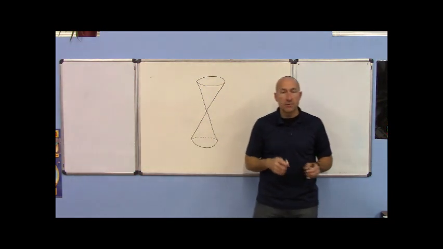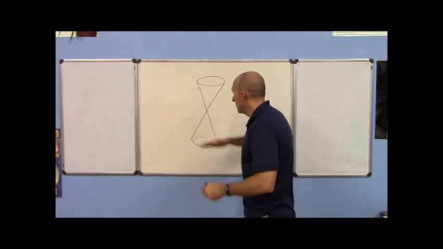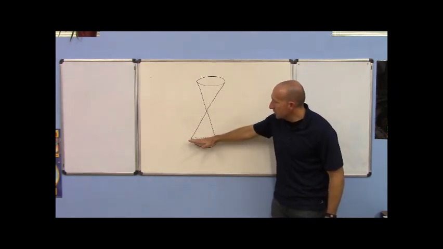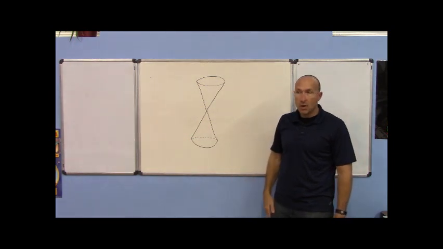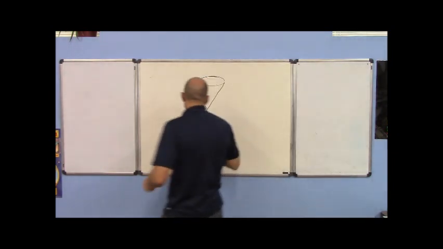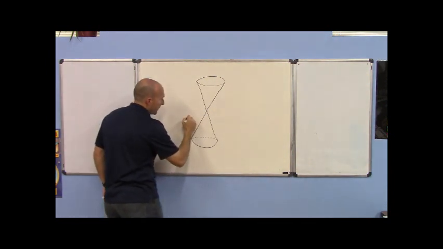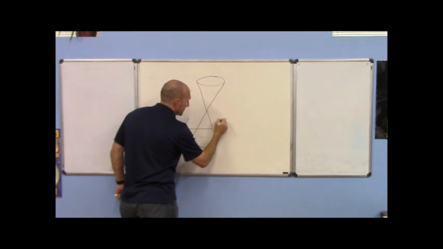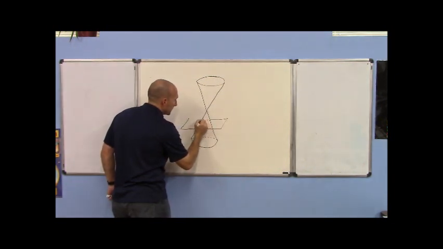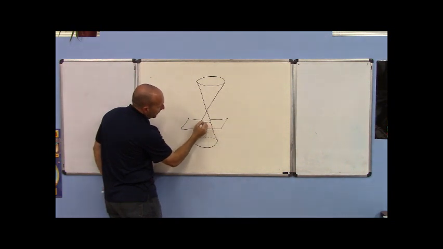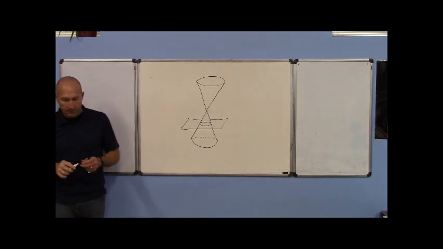So what we're talking about with circles here is whenever you take a sheet of paper and it is parallel essentially to the base of this cone, or to the top or lid of this cone. So we will have some sort of plane that cuts through like this, and as it cuts through, it is going to make a circle.